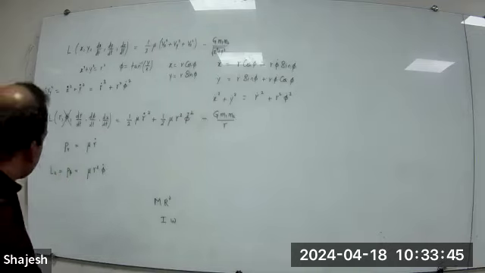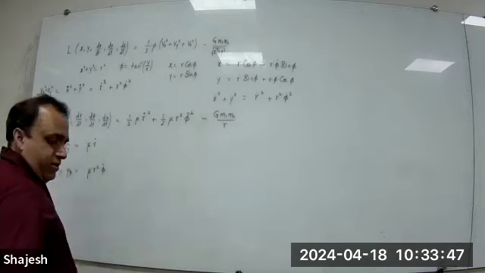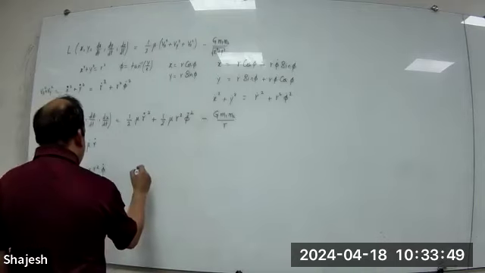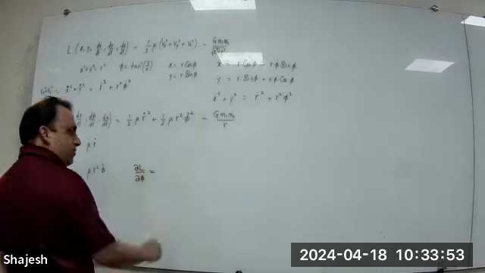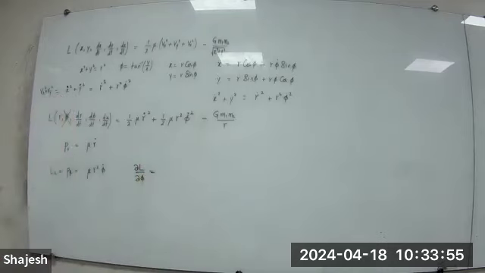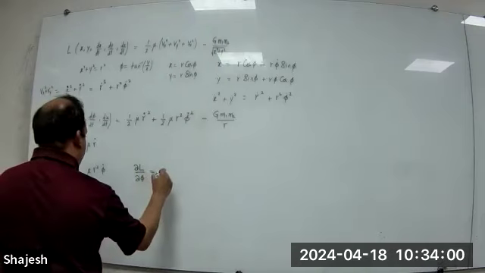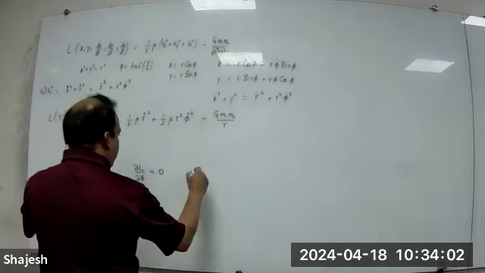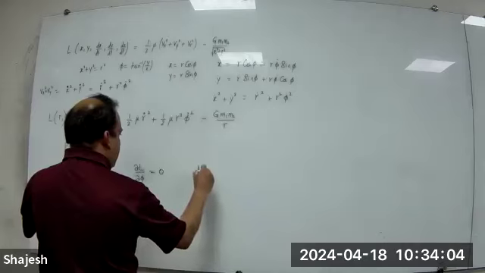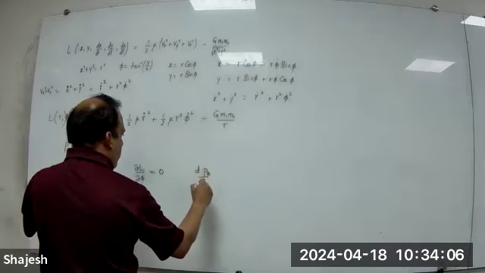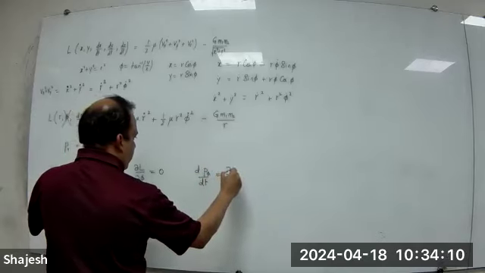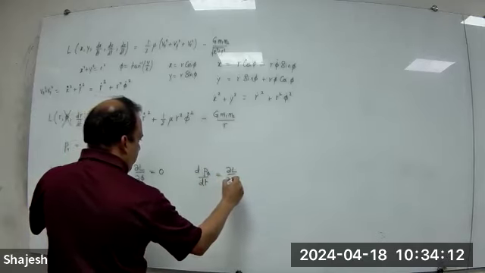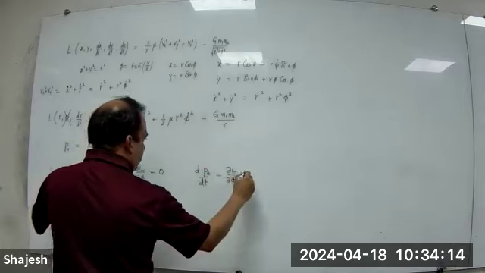What is dL by d phi? 0, right? Perfect. Which means that dp phi over dt, that's our Euler-Lagrange equation, is equal to 0.